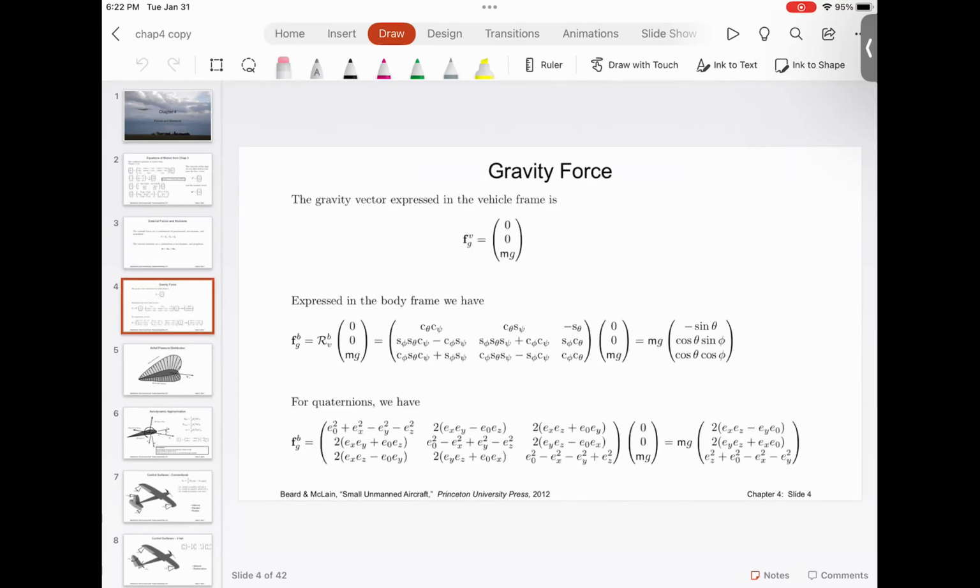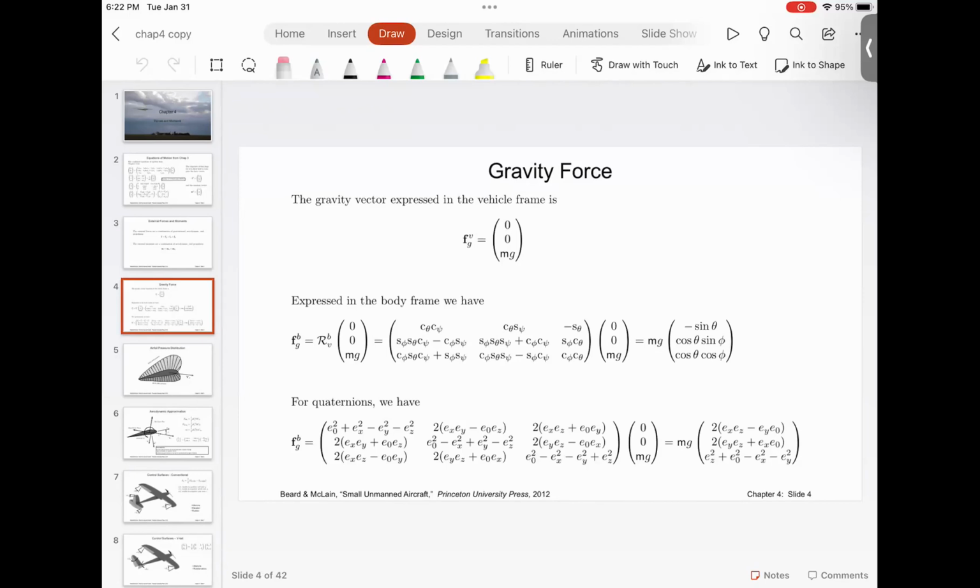So, first and foremost, let's identify the gravitational force. Gravity is always going to act in the downward direction. So the weight of the aircraft will always be going down.